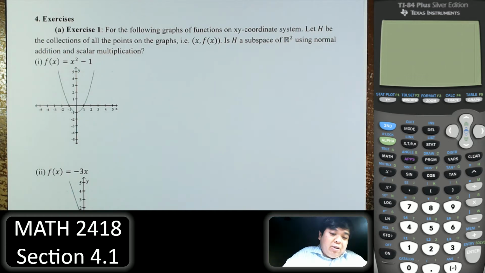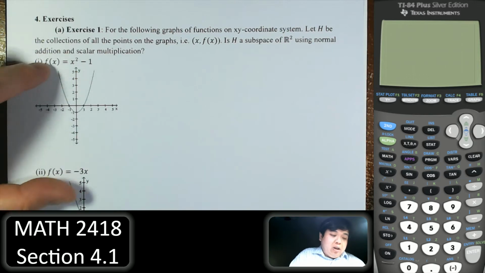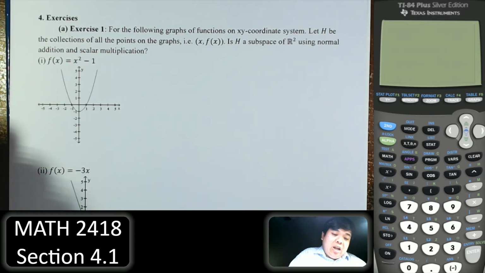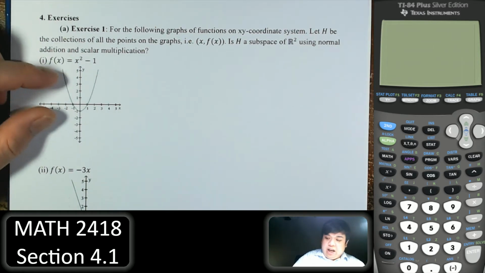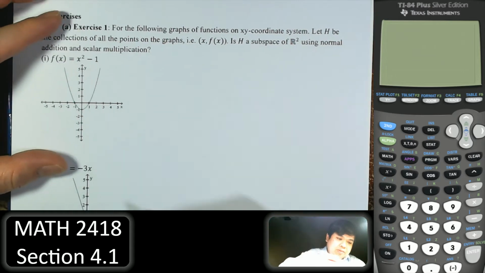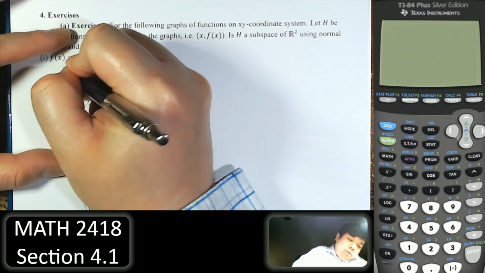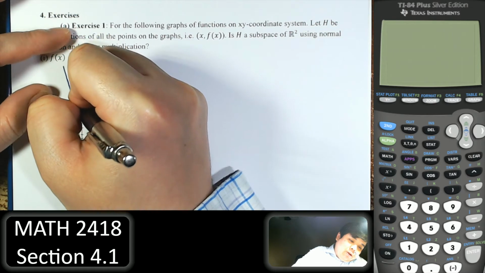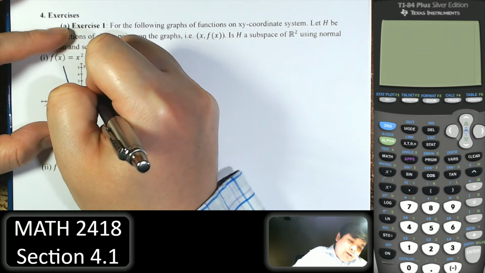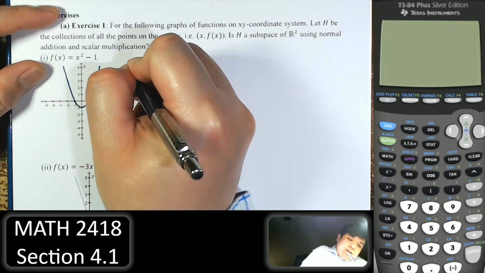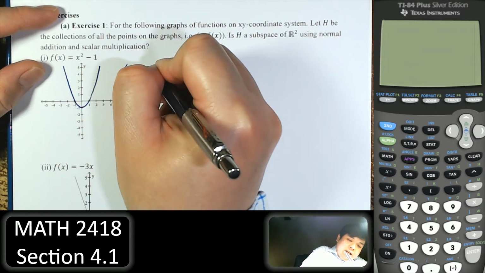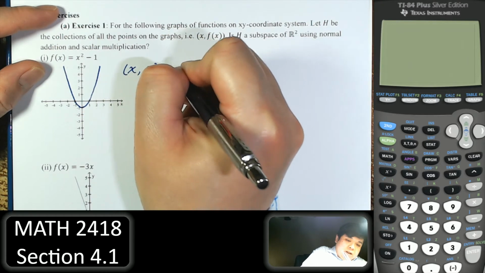Now, for the following graphs of function on the xy coordinate system, let H be the collection of all the points on the graph. Is H a subspace of R2 using the normal addition and scalar multiplication? So in this case, we can say all the points on this graph are x, and then x squared minus 1.